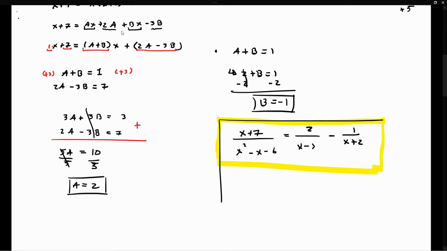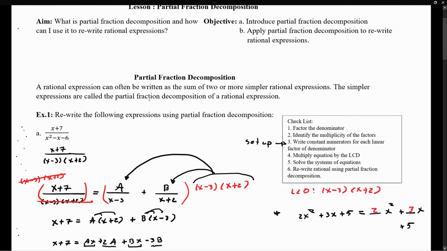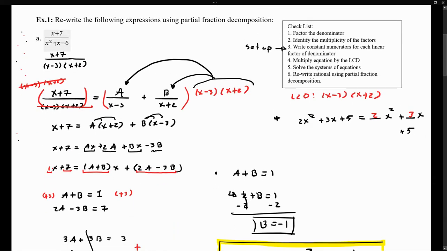Let's just go over the setup. So remember that the first step that we did here, we factored out the denominator of the original. Once it's factored out, I perform the setup. I say, well, the original should be equivalent to a over the first factor plus b over the second factor. And now that we have the setup, we multiply by the LCD.